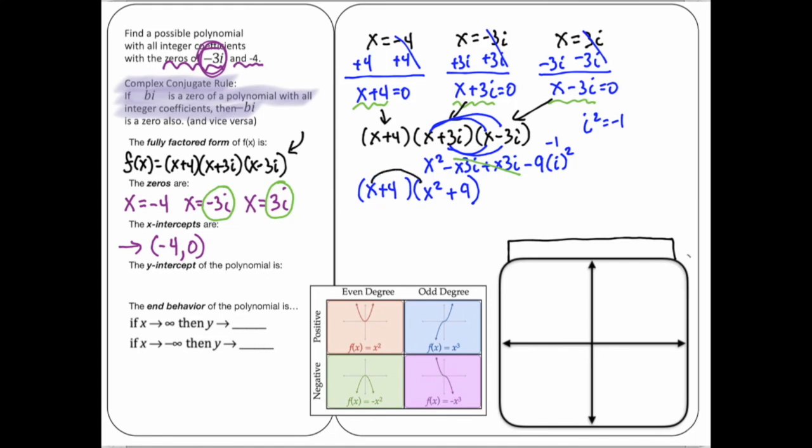So we got this x to the third plus 9x plus 4x squared plus, let's see, 36. And so therefore, putting this into standard form, we would end up with this guy right here.